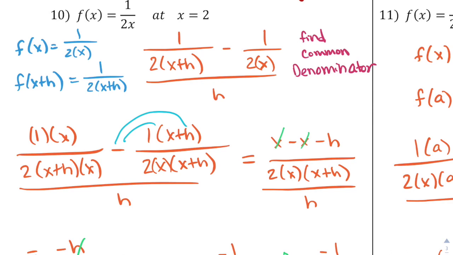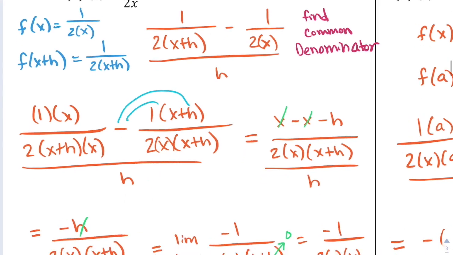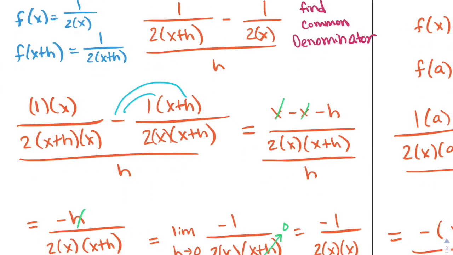So the first thing I did was evaluate each function here, f of x and f of x plus h, and I substituted them in wherever I had f of x plus h minus f of x all over h. Then I was very careful to find a common denominator.